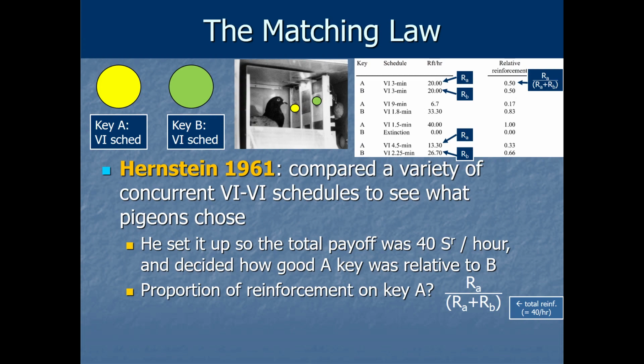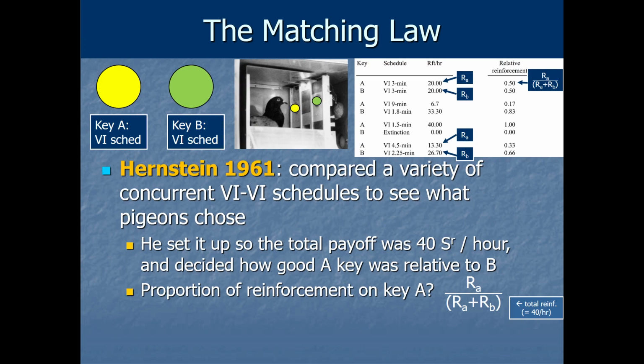So at the top of this equation, if the pigeon can get 20 reinforcers on schedule A, that's the most you can get on a VI 3-minute schedule. You have to wait on average 3 minutes. So for an hour, that's 3 times 20, 60 minutes. That's 20 reinforcers you can get on schedule A. That's what R sub A is. You put 20 at the top of this equation, and you can see it's just divided by the total number of reinforcers that they get across both schedules, right?